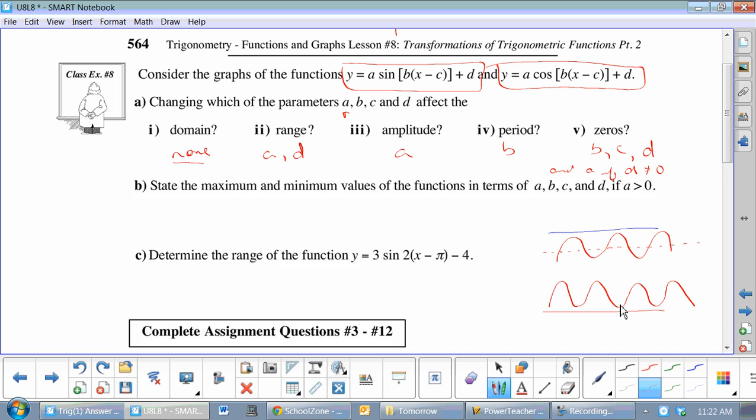What would they have to give me? Amplitude. So do you see, if this is D and that's A, how would you find the max?